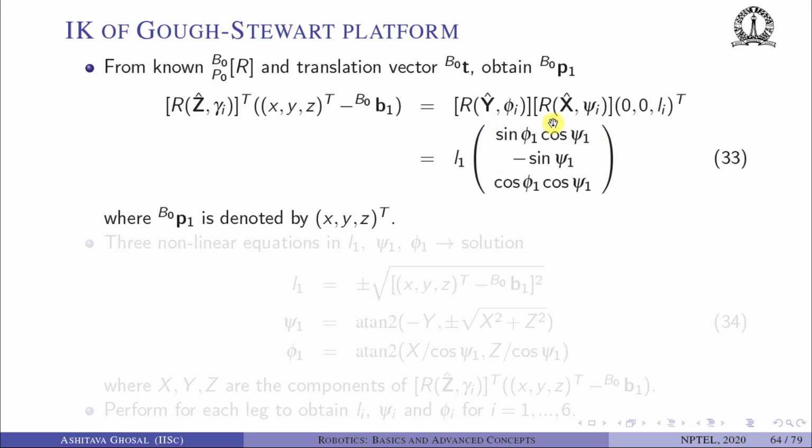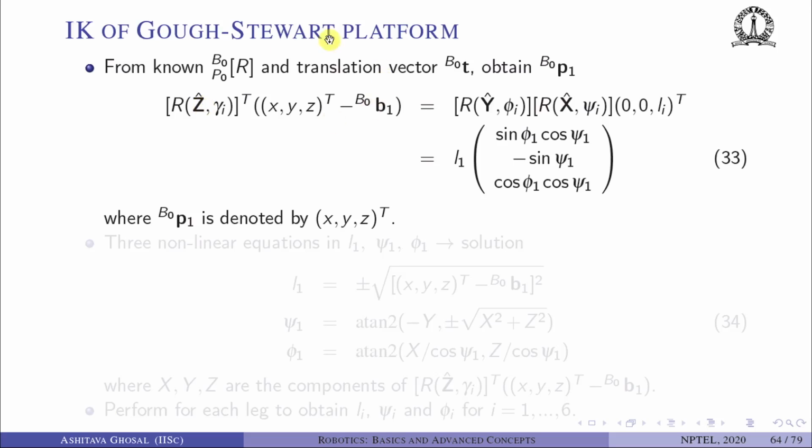If you multiply out these two rotation matrices, one about y by phi, x by psi, and then this translation, you will get L1. The x coordinate is sin phi 1 cos psi 1 times L, and so on. The left hand side is known because we know x, y, z, we know the location of the U joint in the fixed base, and we know how to rotate this to obtain the correct direction.